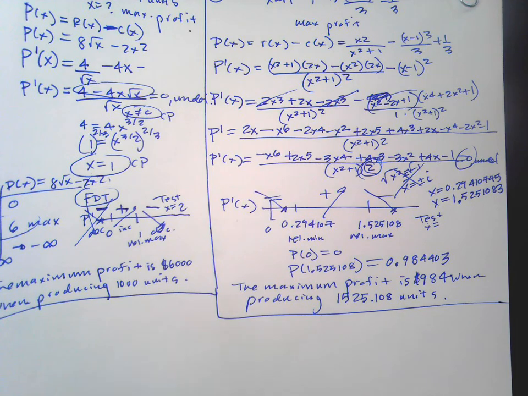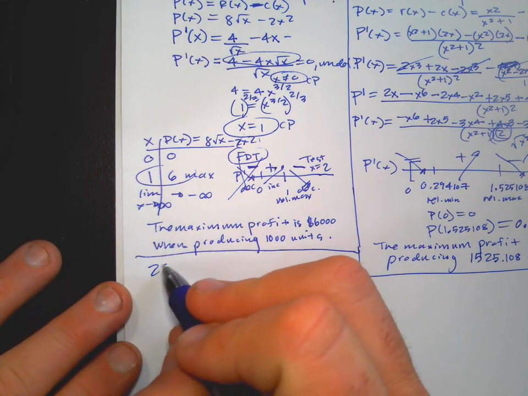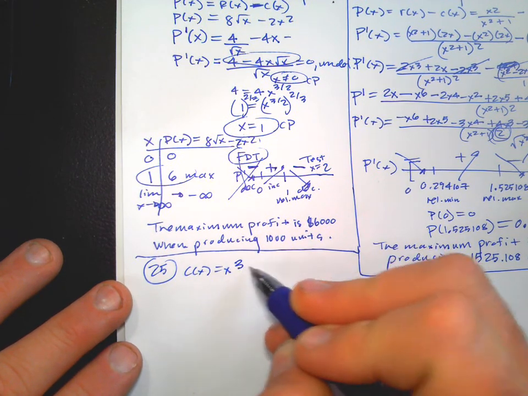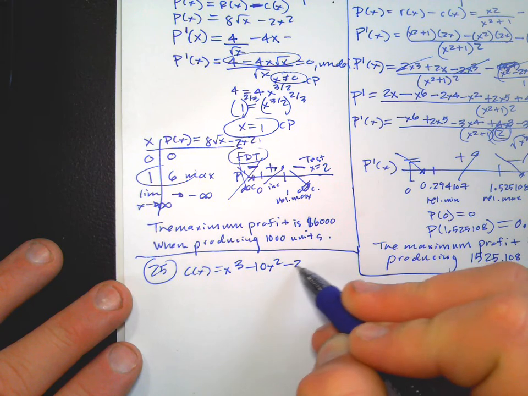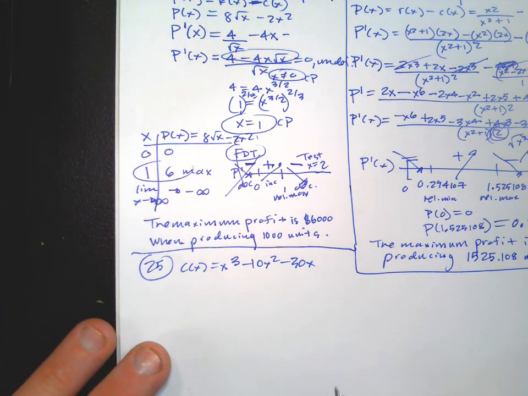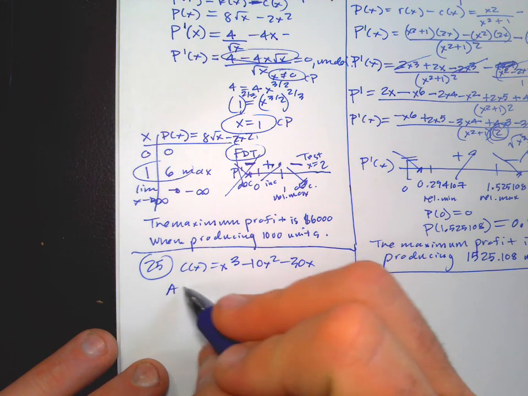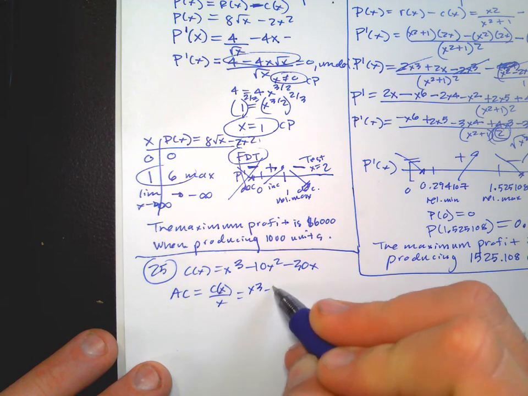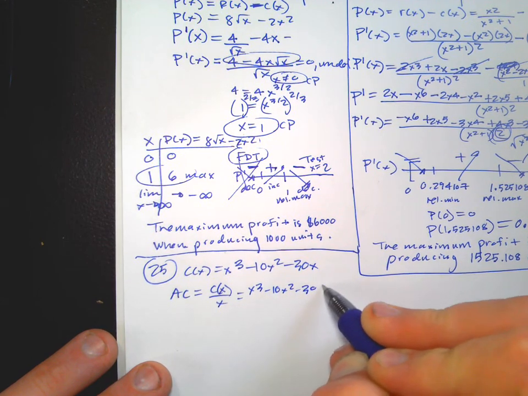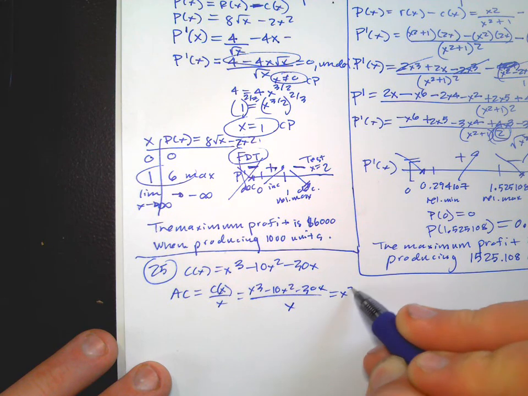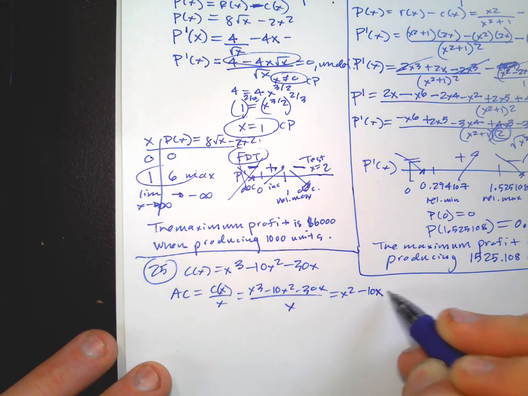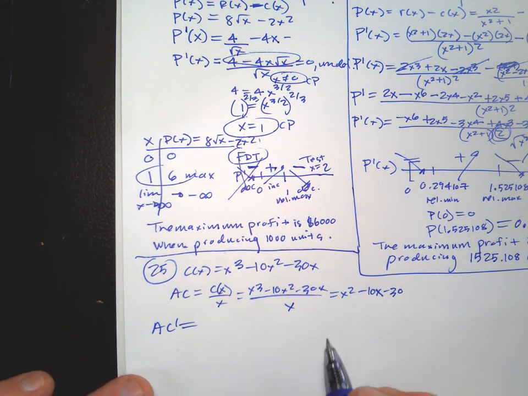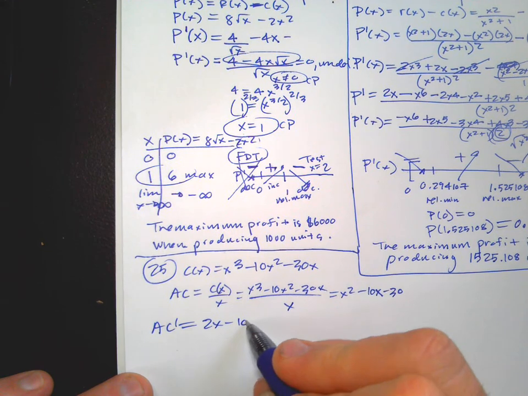So there you go. Let's see, 25 says to minimize the average cost. They give you a cost function. And so average cost is going to be total cost divided by x. Okay, and so then we want to minimize this. So take a derivative, say equals 0 and solve.